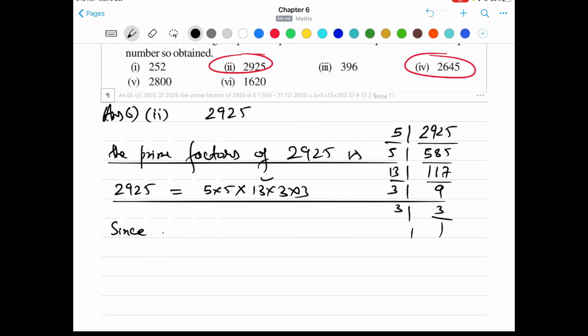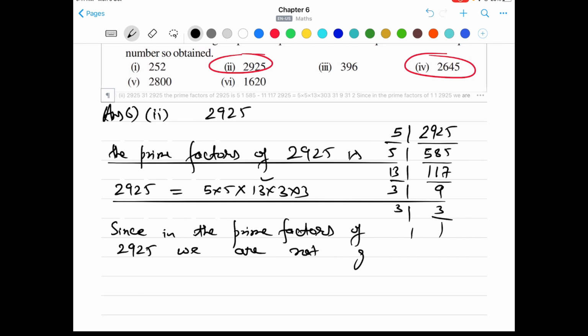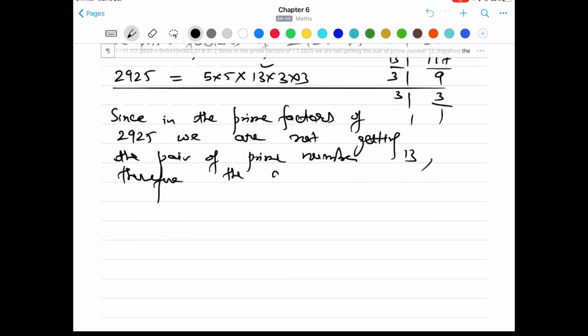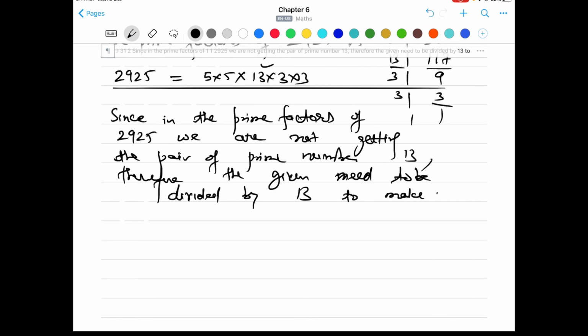Okay, so write, since in the prime factors of 2925 we are not getting the pair of prime number 13, therefore the given number needs to be divided by 13 to make it a perfect square number.